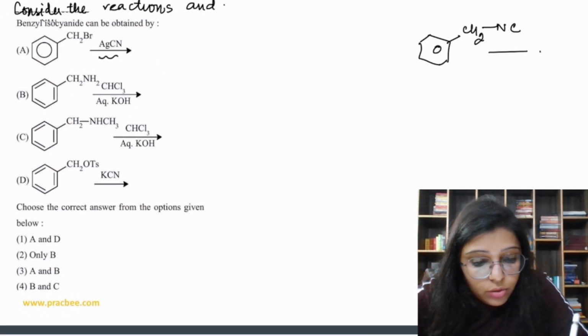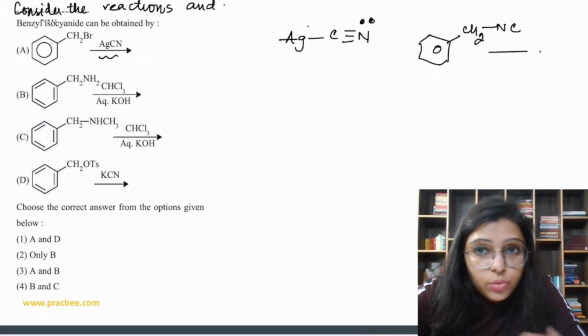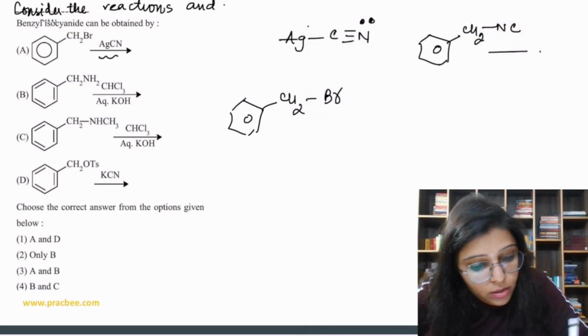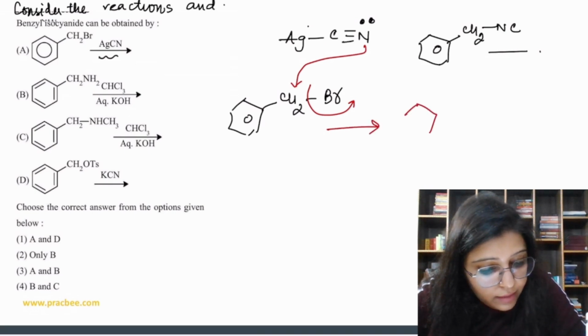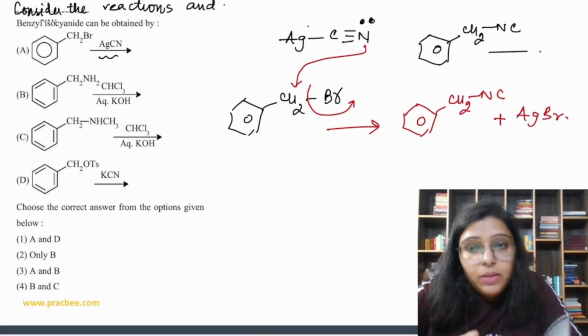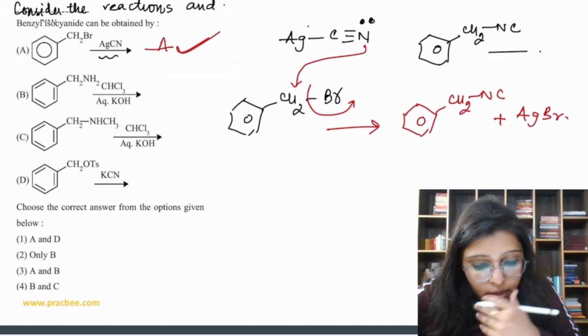If we have AgCN, it means Ag and this C≡N. Nitrogen's lone pair is going to attack on this CH2Br. So we have nucleophilic substitution over here. This reacts, Br leaves and we get CH2NC, along with AgBr. So from this we can prepare. So A is the answer.